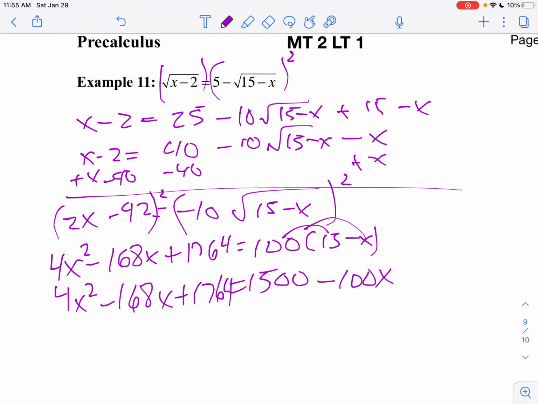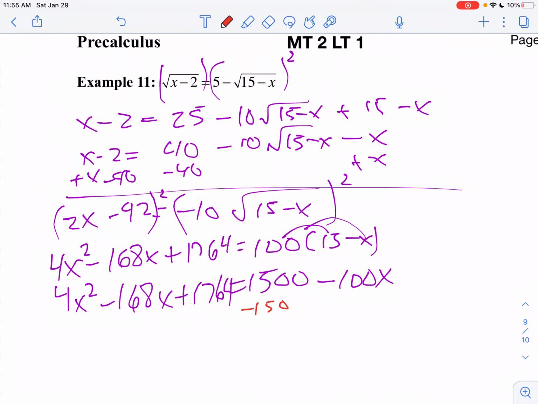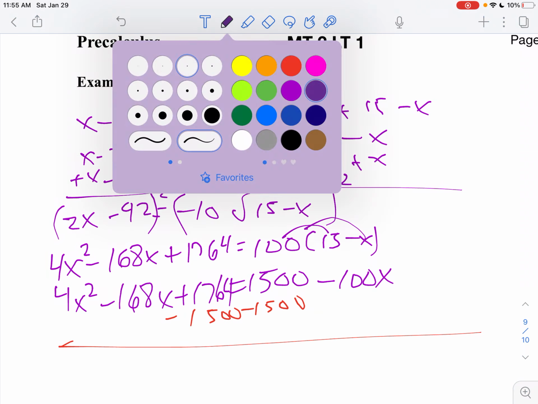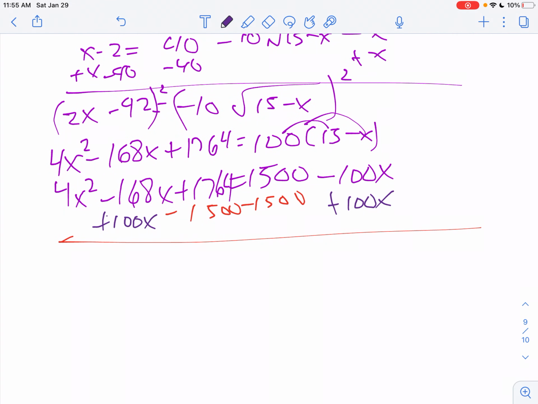So I'm going to subtract 1500 from both sides, and I'm going to add 100x to both sides. So then we get 4x squared minus 68x plus, what is that, 264 equals 0.